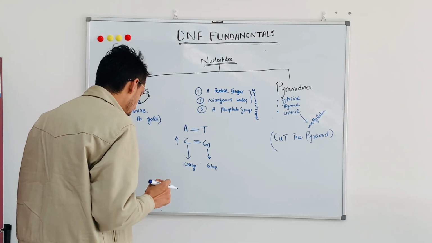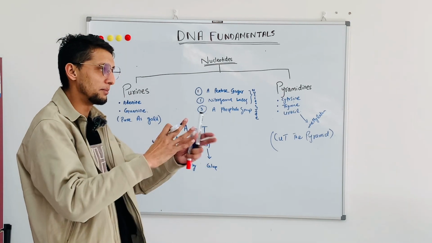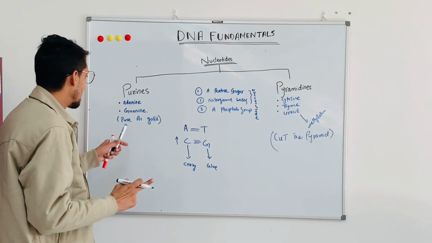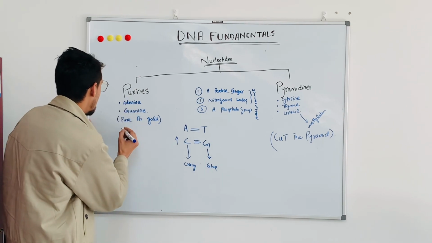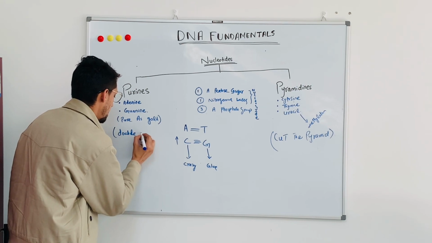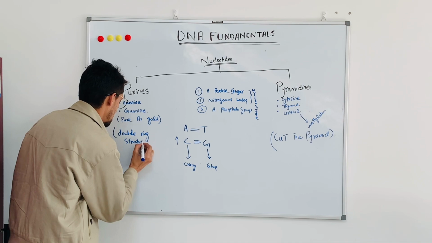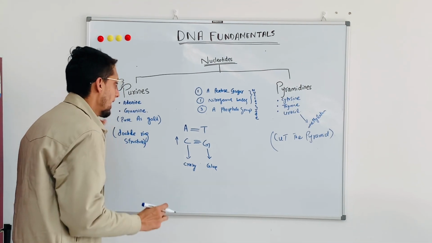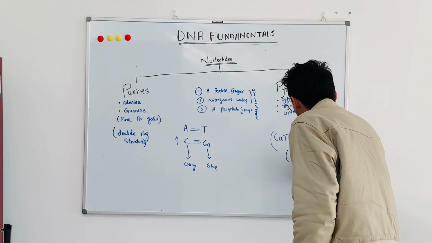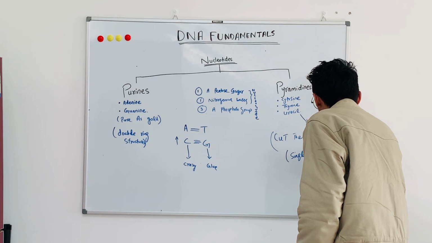Now let's move toward the structures, how the bases are arranged on the pentose sugar. Let me tell you that purines are double ring structures and pyrimidines are single ring structures.